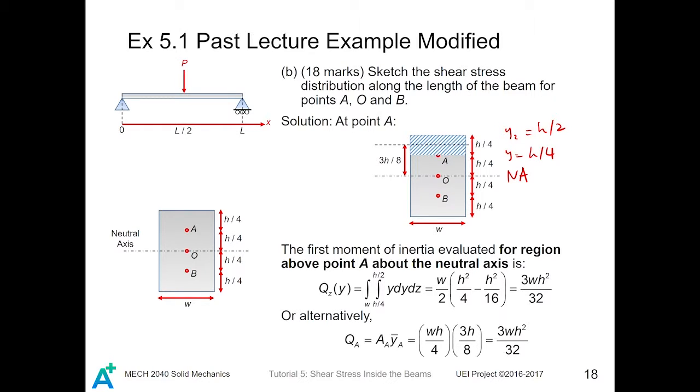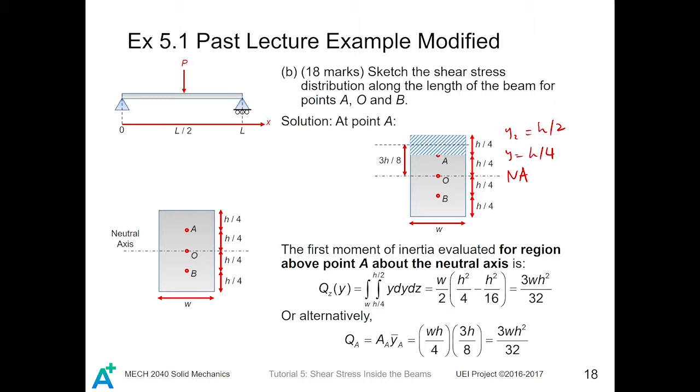The width, no matter where you take the integral, will always be w, so you can take it out of the integral. Then we compute this first moment of area, and we get 3wh squared divided by 32.